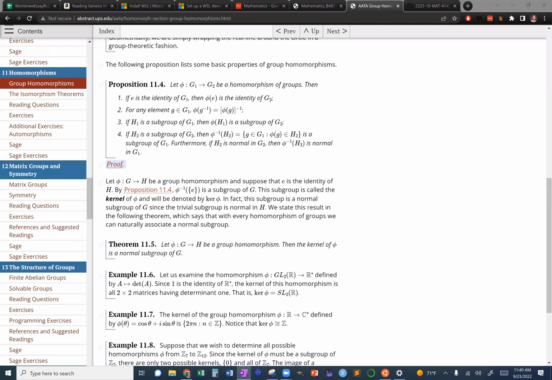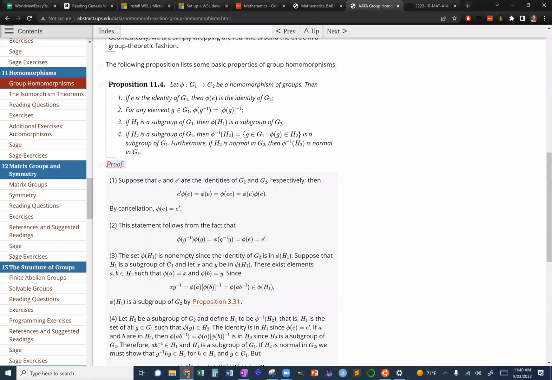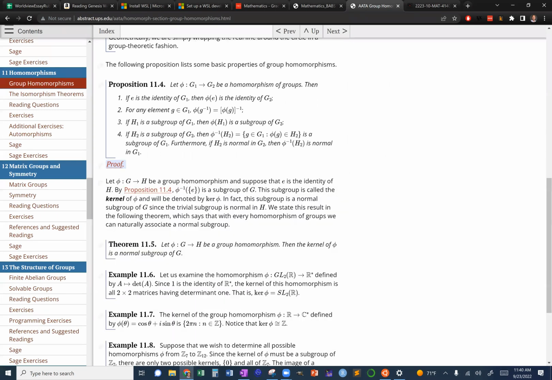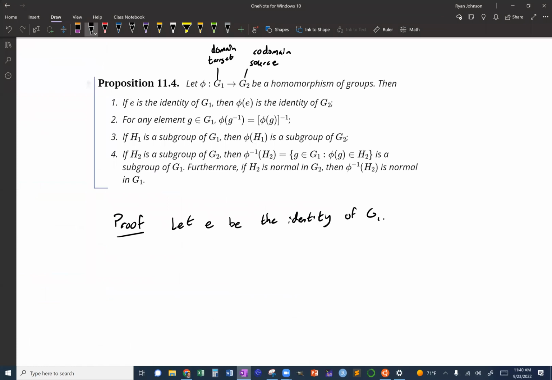Oh yeah, all right, that's better. We'll say E1 is the identity of G1 and E2 is the identity of G2.